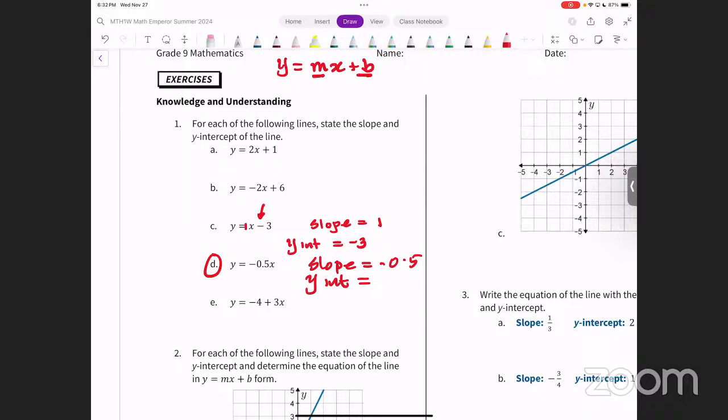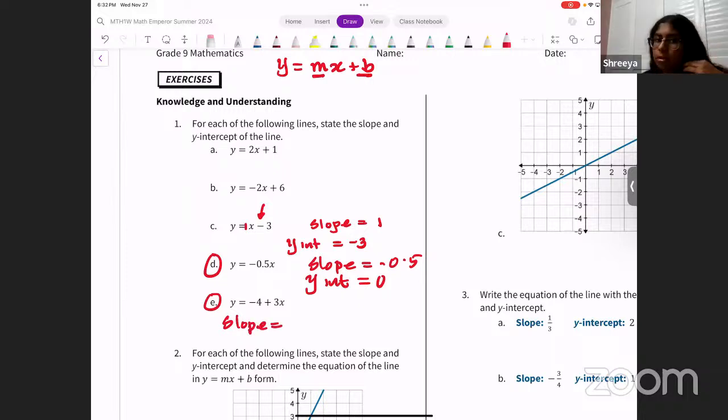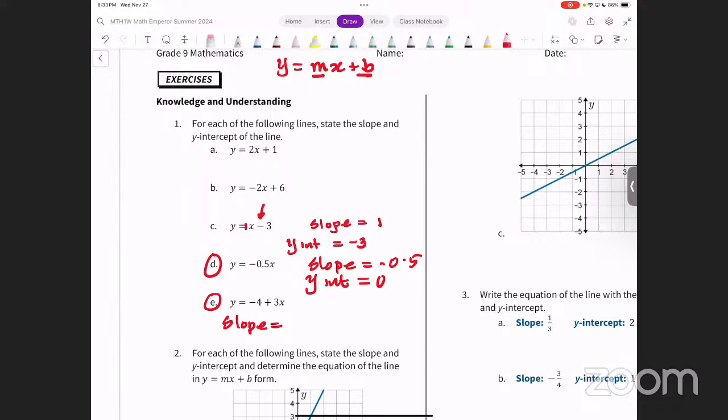What is the y-intercept? 0. That is right. All right, Shreya, what is the slope? -4. Huh. Only 3.